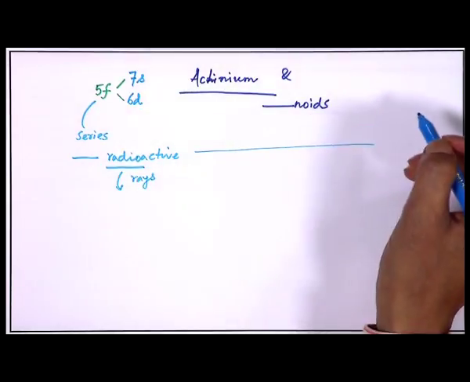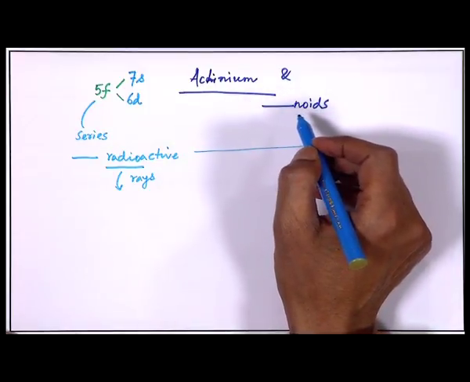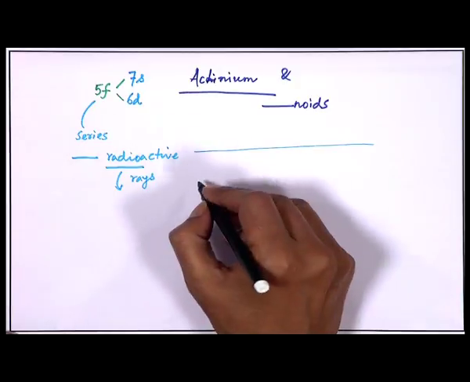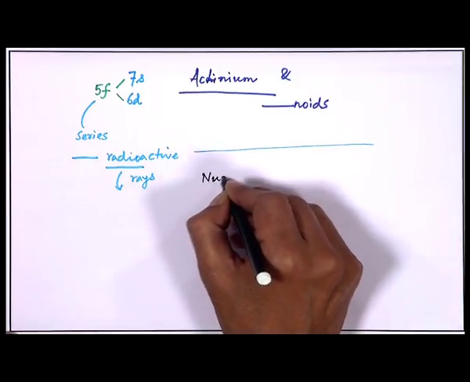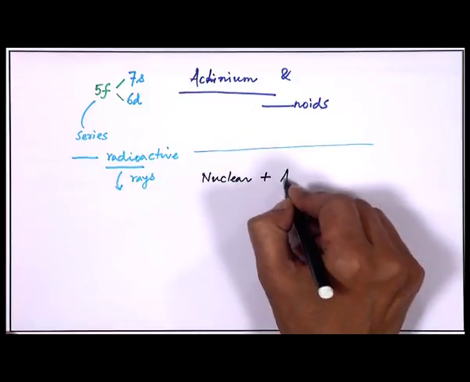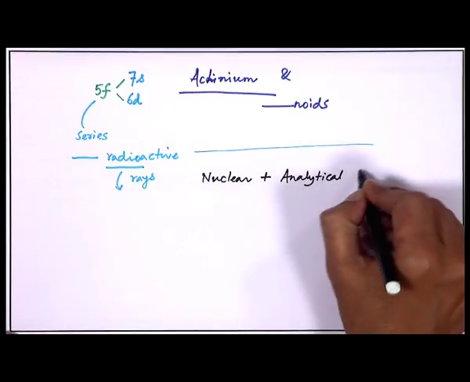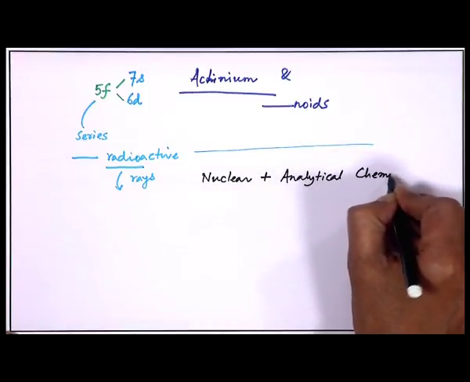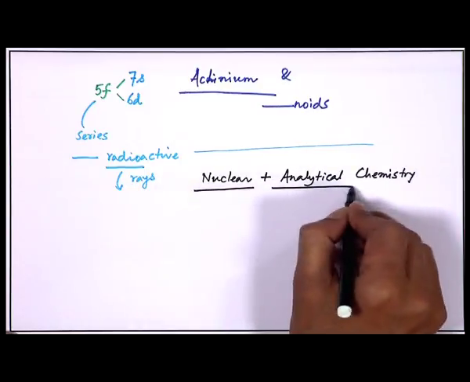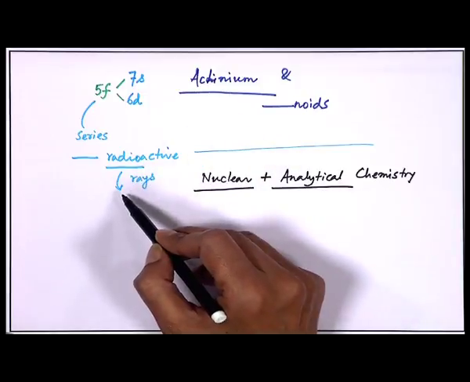So, in terms of studying this actinium or the actinoids, we can study side by side the nuclear chemistry. The field which is nuclear, sometimes we call nuclear and analytical chemistry, is enriched by studying the corresponding properties of all these elements, because they give rise to radiation.